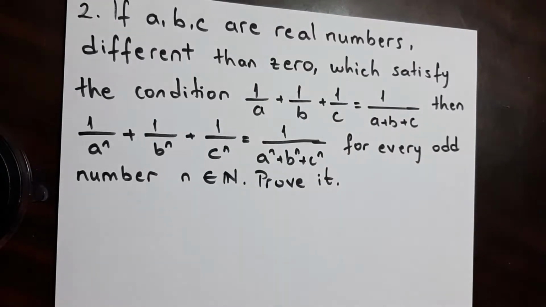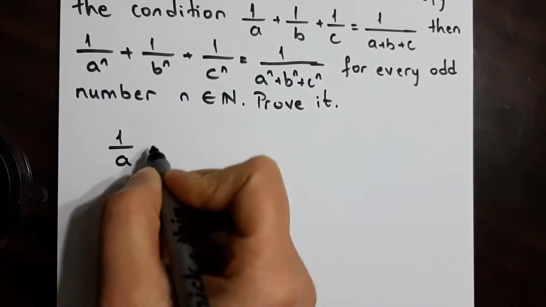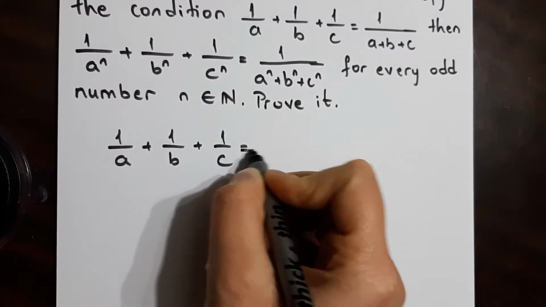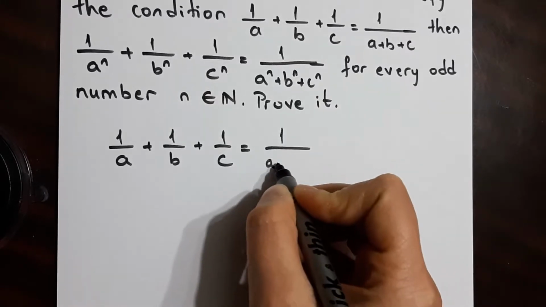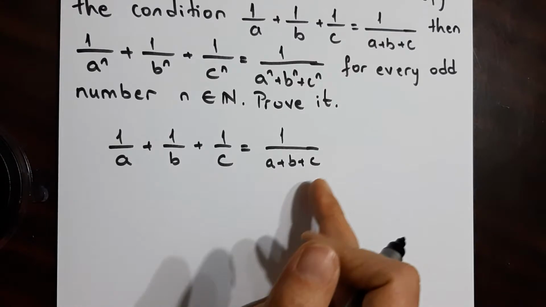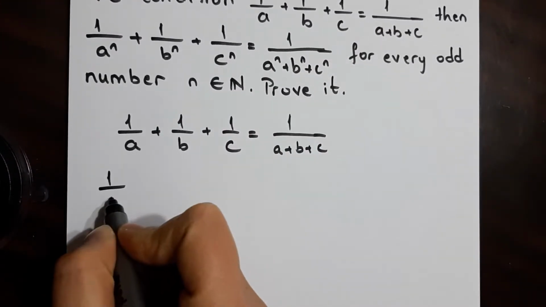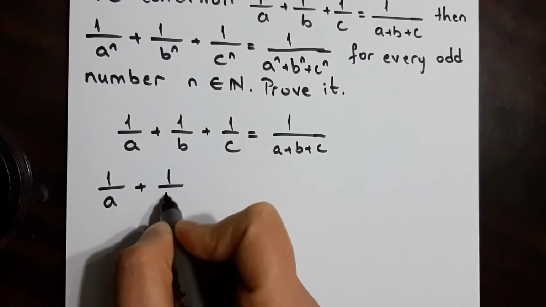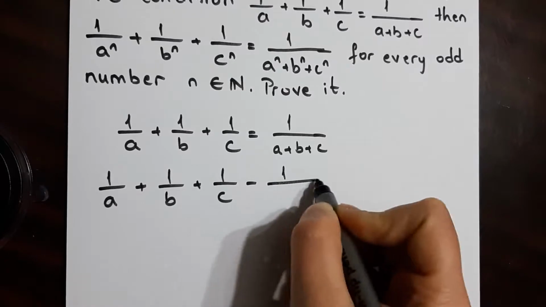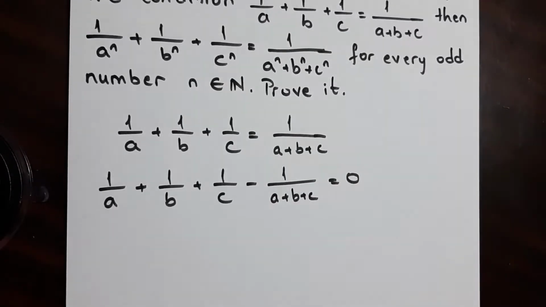Now, let's start with the given condition. 1 over a plus 1 over b plus 1 over c is equal to 1 over a plus b plus c. I will take this expression to the left side, and it will become 1 over a plus 1 over b plus 1 over c minus 1 over a plus b plus c is equal to 0.